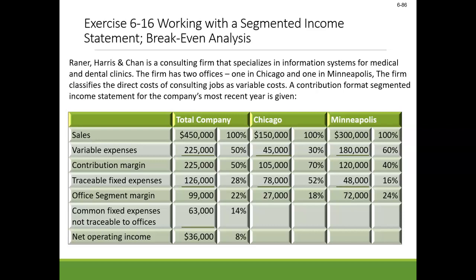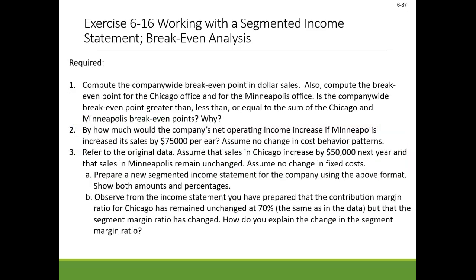Here we've got a consulting company, and they're breaking it down by location. They have a Chicago location and a Minneapolis location. Here they want us to figure out break-even points, see what-ifs.